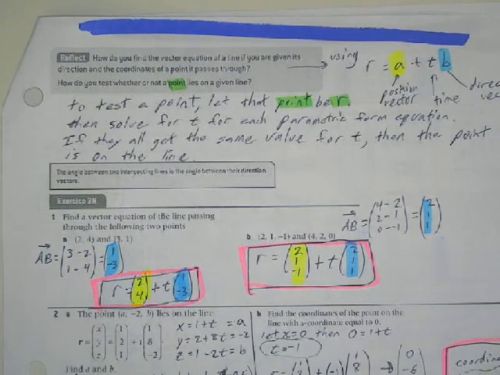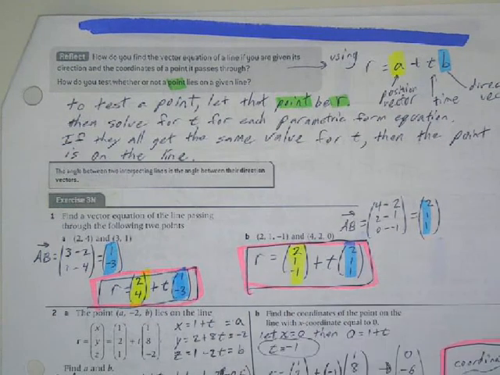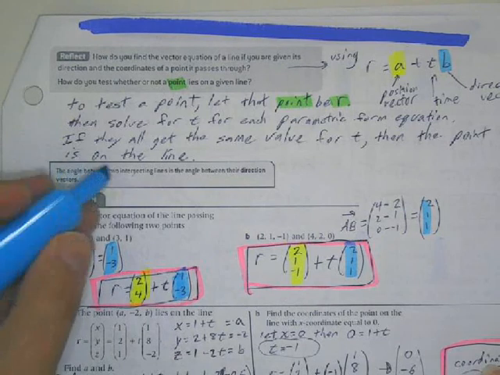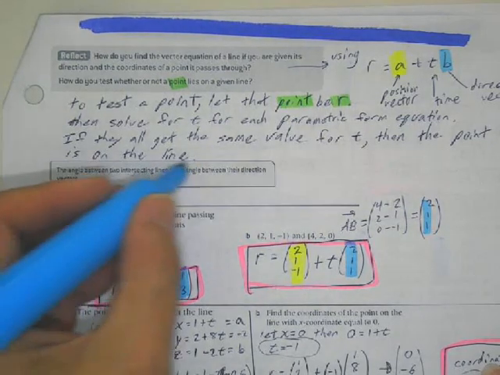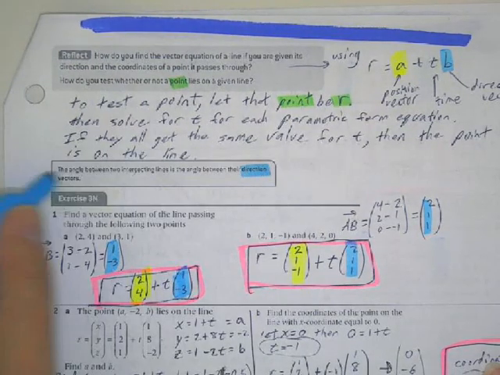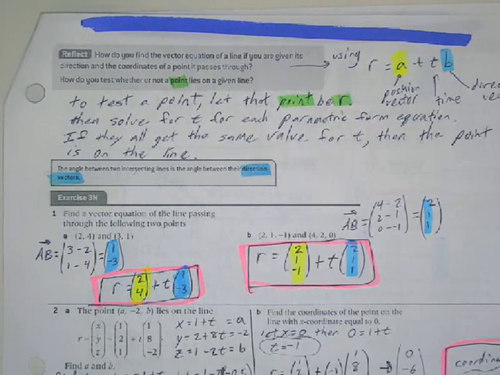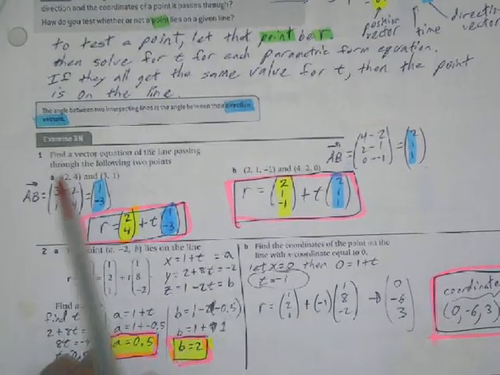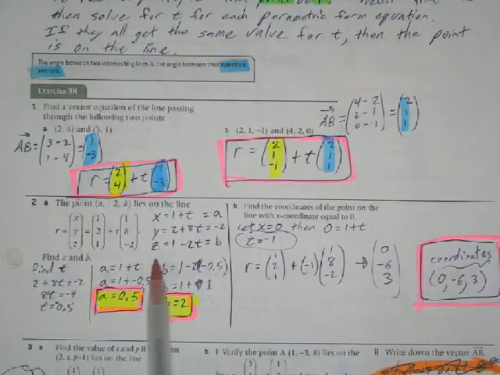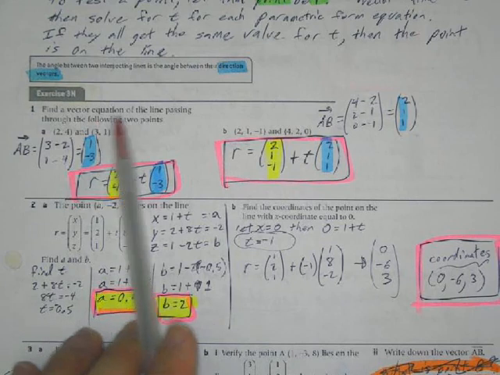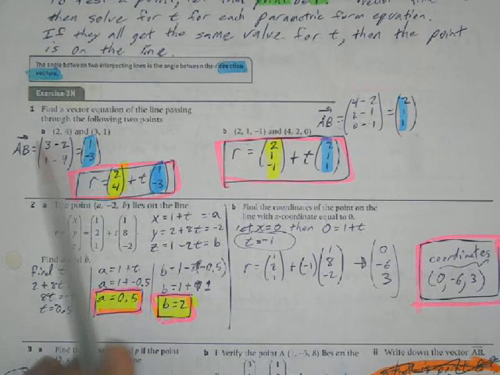Okay, and the critical thing that we did here was when we were trying to find the angle of two intersecting lines, we found the angle between the two direction vectors. All right, so you can check your answers. I'll walk you through a little bit. So find the vector equation of the line that passes through these 2 points.